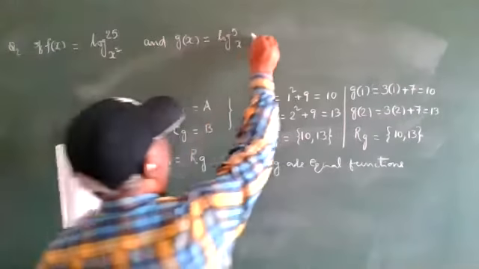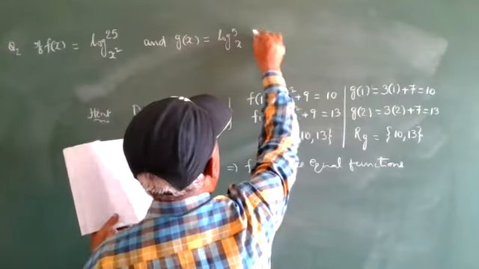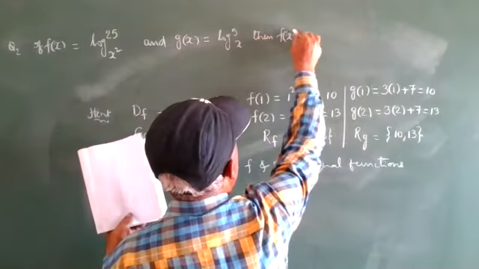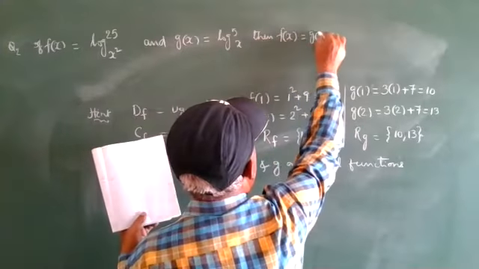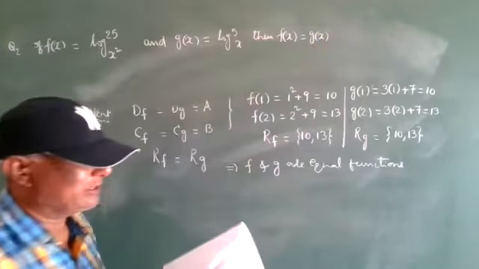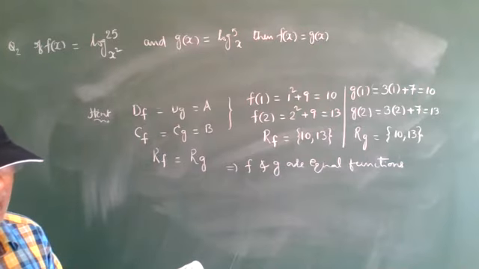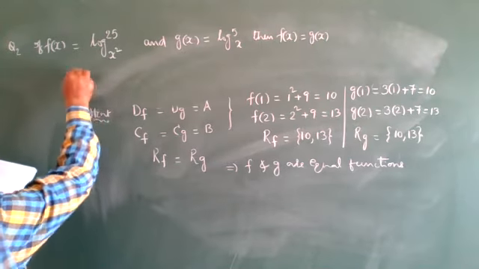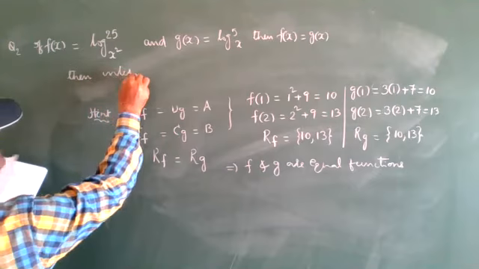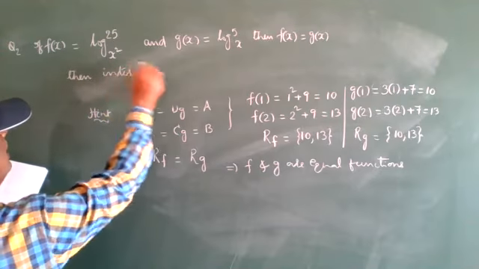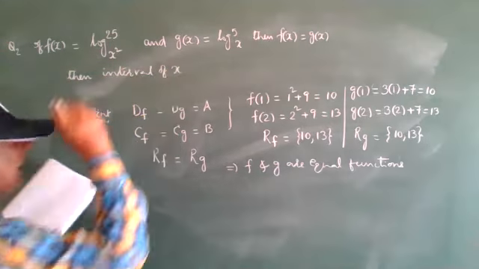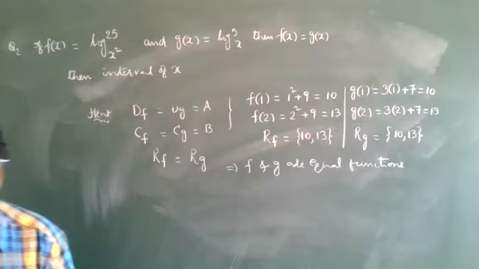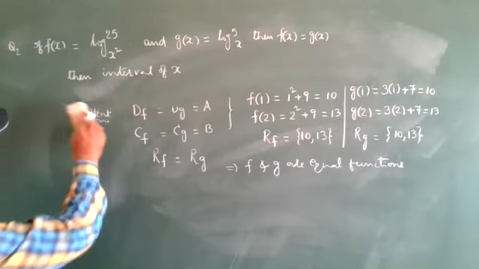Then f of x is equal to g of x, equal functions. F of x and g of x are equal functions. Then what is the interval of x? Everyone see this problem.